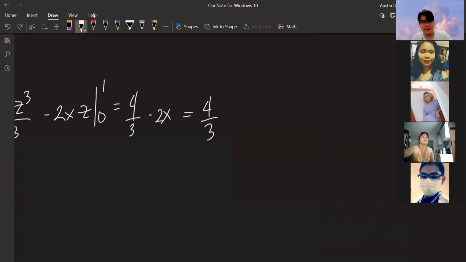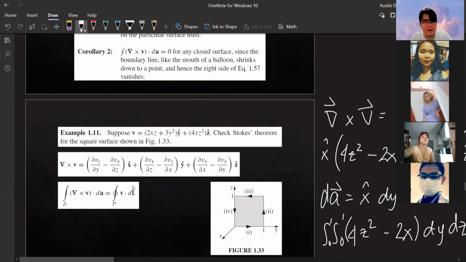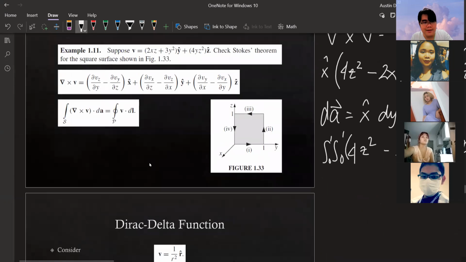Okay, so I'll check. That's right. 4 thirds is the answer. But the problem now is getting the right-hand side.